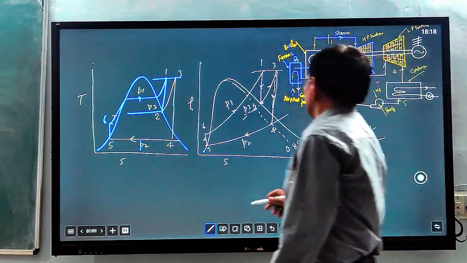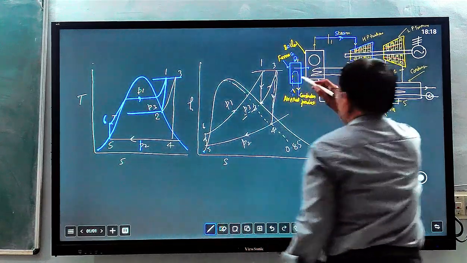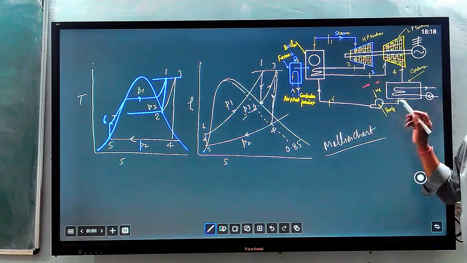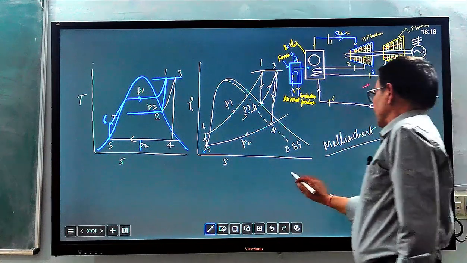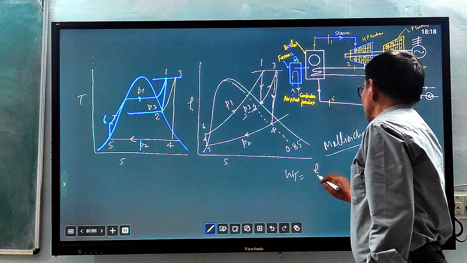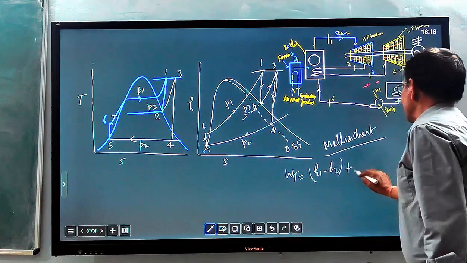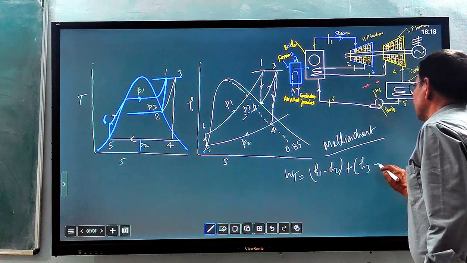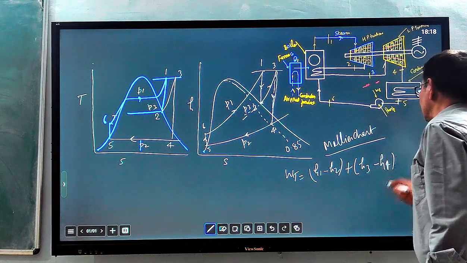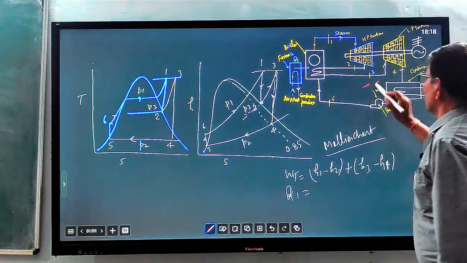First step, you can see work done in step 1 to 2 in the high pressure turbine, and in 2 to 3 in the low pressure turbine. You can find out work done WT equal to H1 minus H2 plus H3 minus H4. And heat addition Q1 is also in two steps.